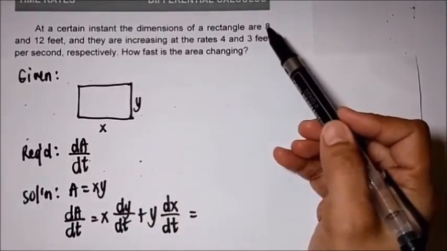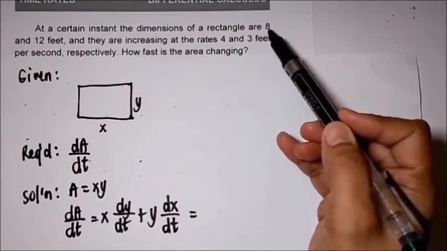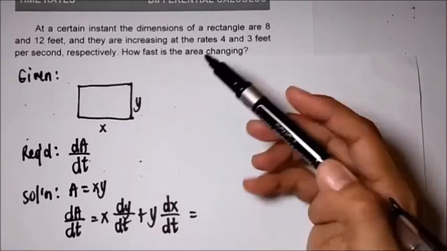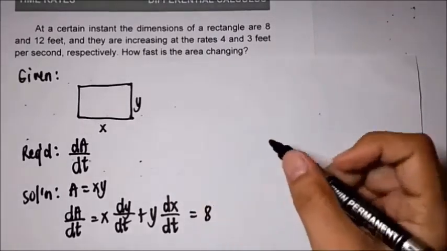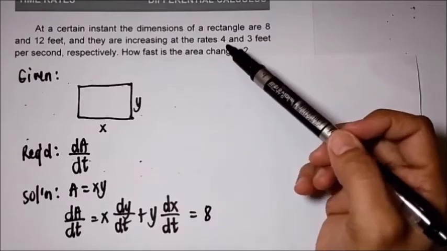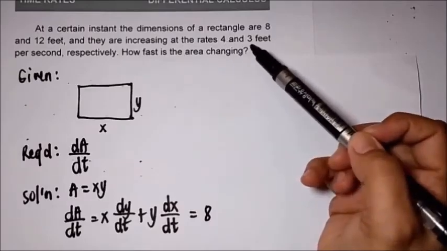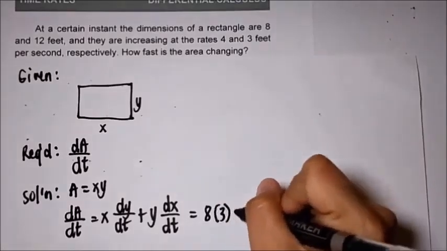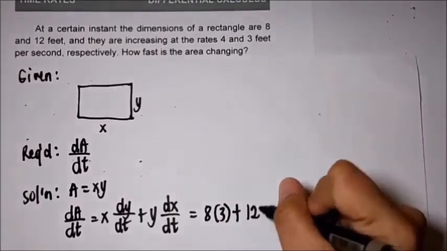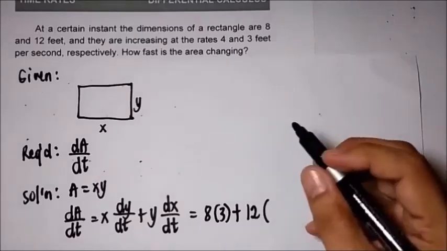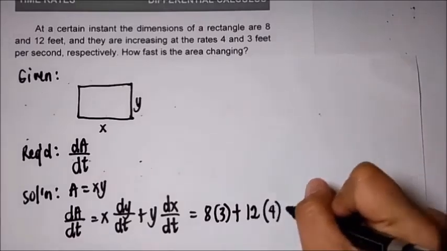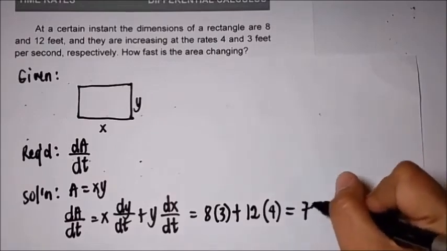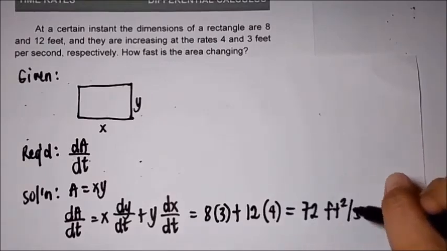The dimensions of the rectangle are 8 and 12 feet, so 8 would be for x and 12 for y. So we have 8, and the rates of increase are 4 for x and 3 for y. So dy over dt is 3, plus the value of y, 12, times dx over dt, which is given as 4. Solving this, we arrive at a value of 72 square feet per second.